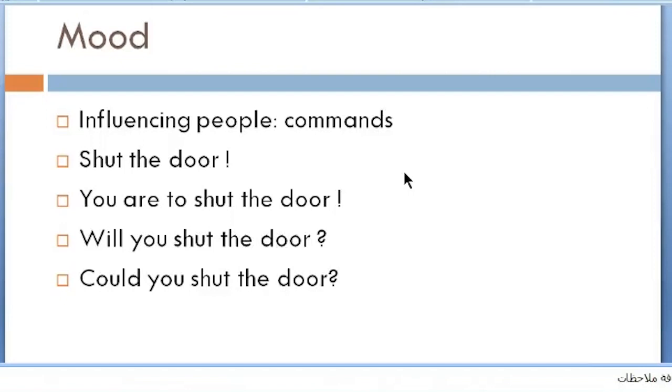Is it explicit or implicit? يعني قصدي الفاعل واضح؟ لا، الفاعل غير موجود. يعني on the surface على السطح يعني من حيث الشكل there is no subject, but implicitly ضمنيا there is a subject which is what? Which is you, the addressee, المخاطب.